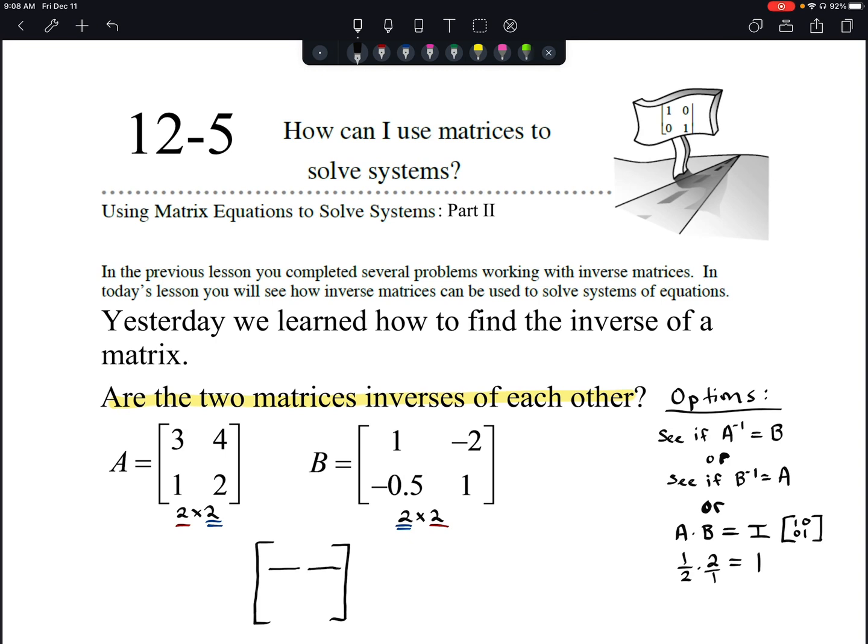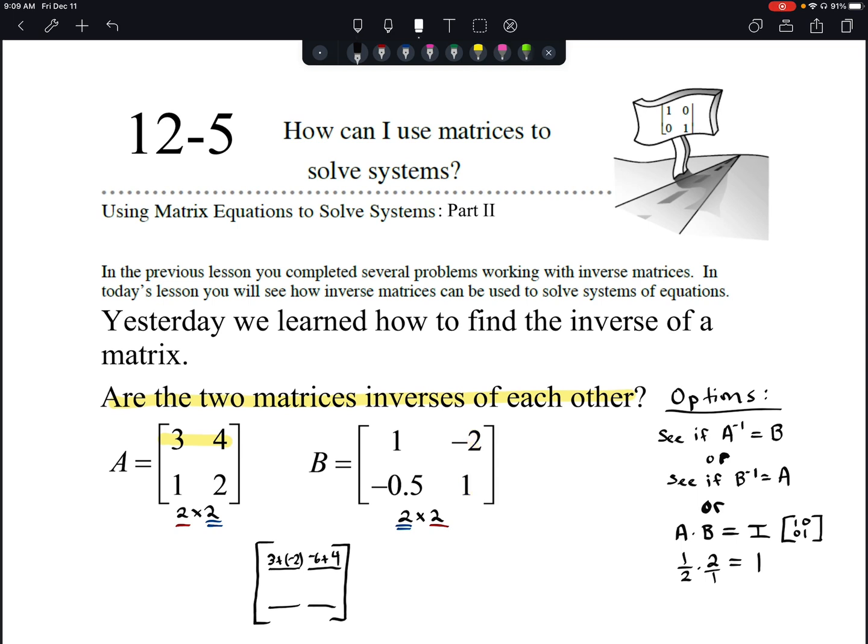When we start multiplying, we've got row 1 times column 1. So we should have 3 times 1 is 3, and then 4 times -1/2 would be -2. Then we'll do row 1 times column 2. We've got 3 times -2 is -6, and then 4 times 1 is 4.